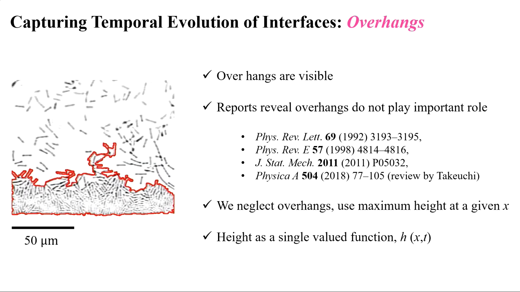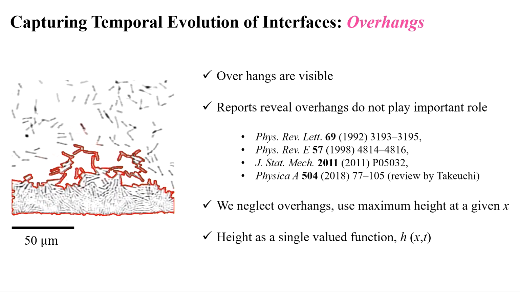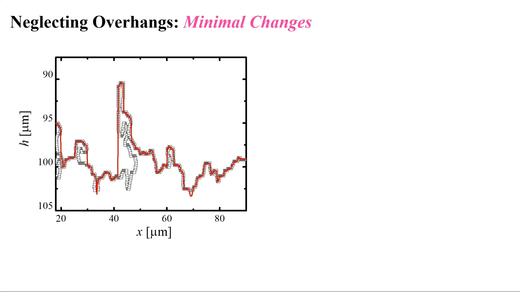And while inspired by the literature, we also thought, okay, let's just test our own system. What I'm showing you here is the actual interface, shown in the black squares, and the red lines are effectively taking the height at every location, whatever the maximum height is. So I'm neglecting overhangs in one case and including overhangs in another case, right?